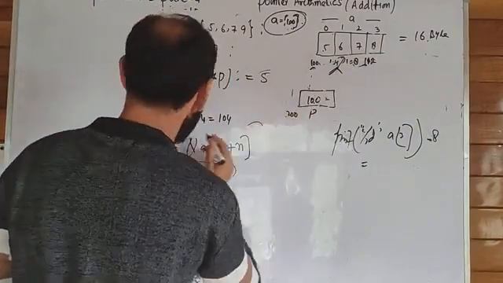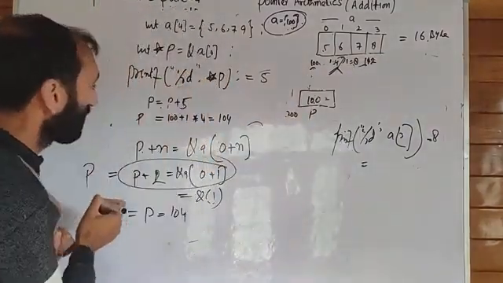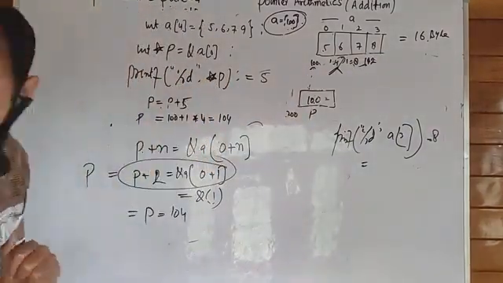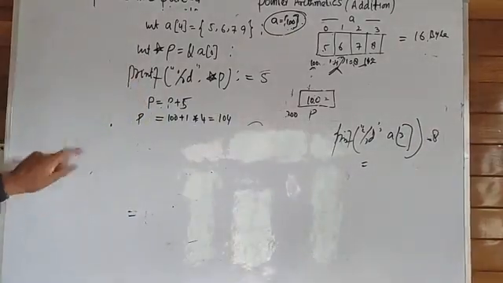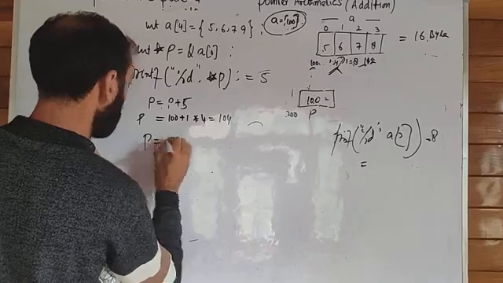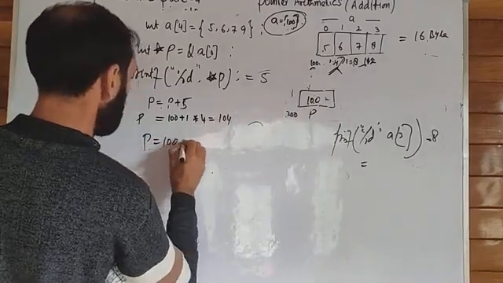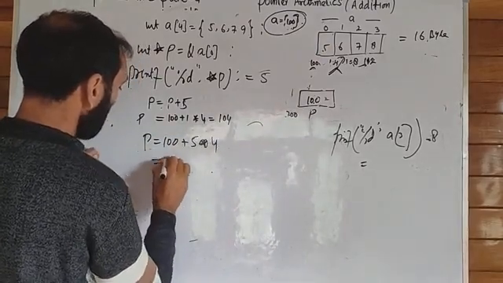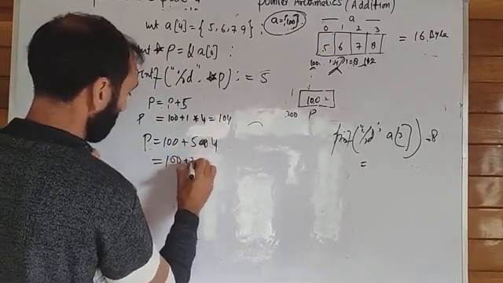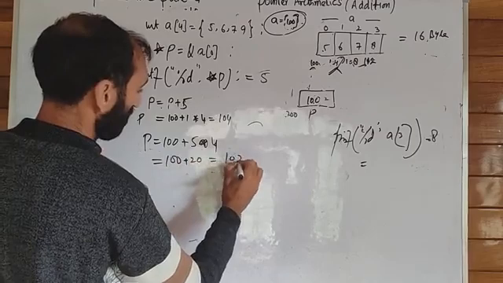What if I write P equal to P plus 5? What does it mean? P equals 100 plus 5 into the size of the data type, which is 4. That is 100 plus 20, which means 120.